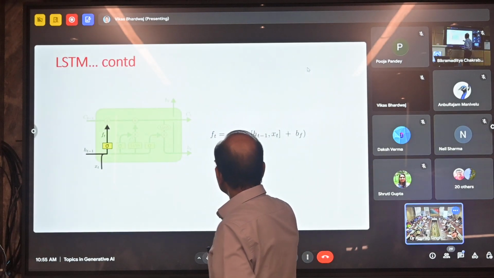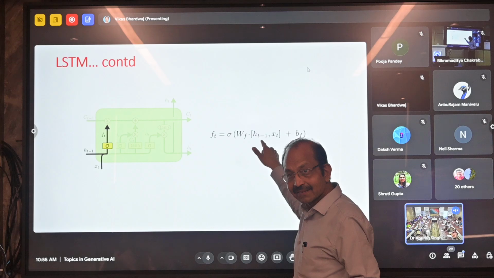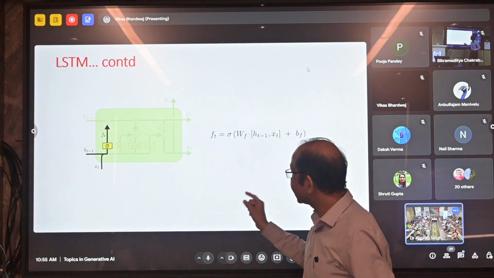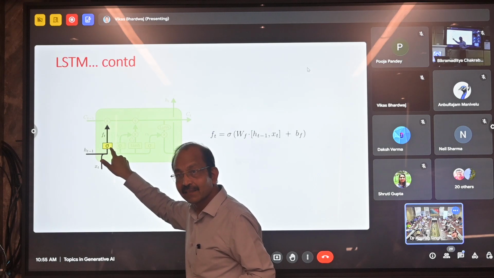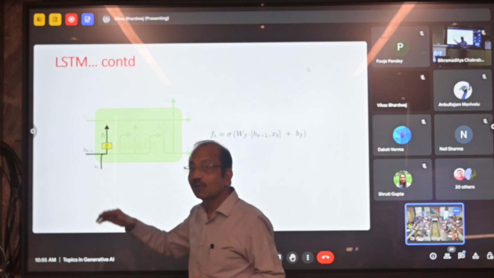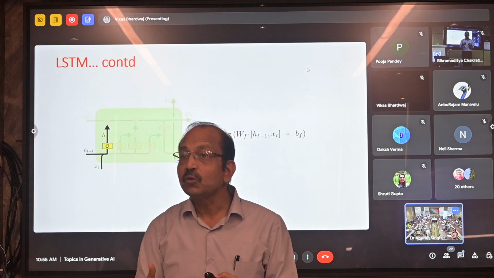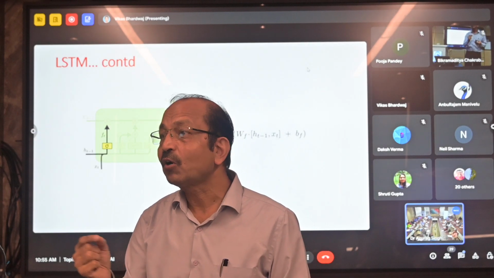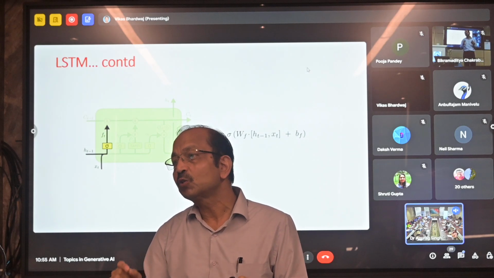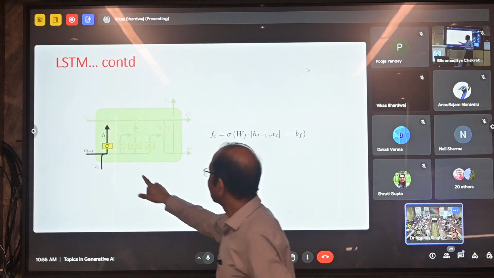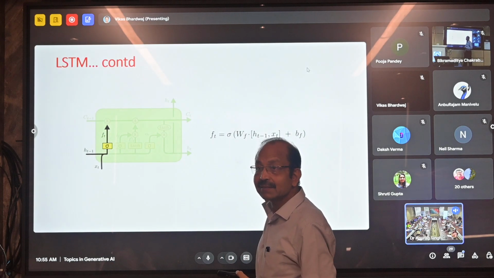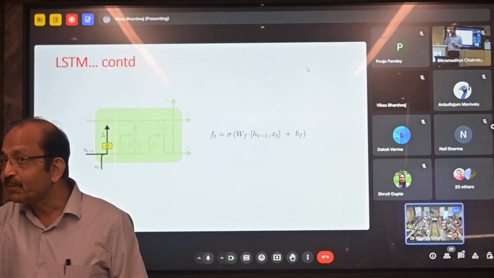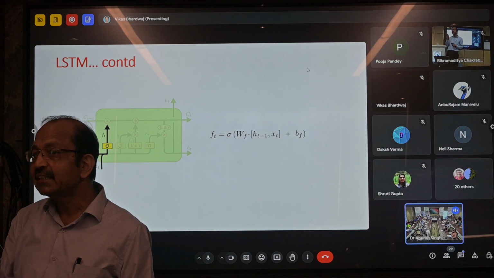So WF times this vector, plus BF which is your bias. This is the net input reaching this neuron. The output will be controlled by the sigmoid function, which gives output in the range 0 to 1. So ft will be computed like this. Is it fine? Okay. So you have to learn separate weights for what contents to forget.